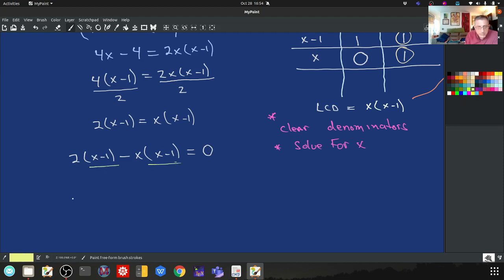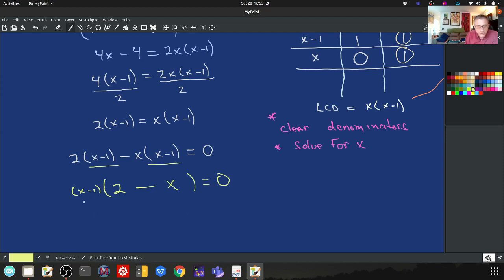So I'm going to pull that x minus 1 out. So 2 times x minus 1 divided by x minus 1 leaves a 2. Minus x times x minus 1 divided by x minus 1 leaves me an x. And I'm ready to solve.